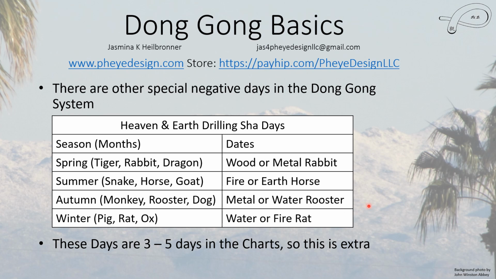Not for everything, but for digging a hole to plant a tree, for example, this would be a bad day. So this is something extra. This is not part of the charts. These dates, for the activity of digging or drilling into walls or anything like that, override the Dong Gong charts I just showed you, the big multicolored charts.